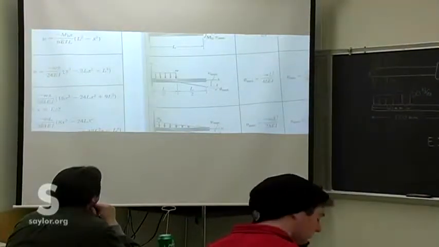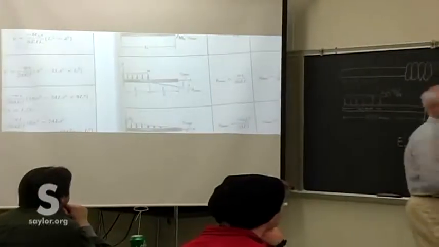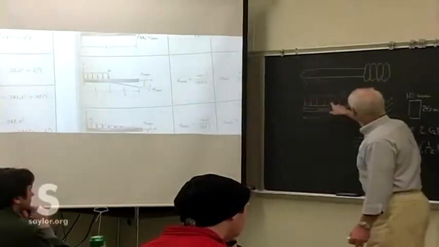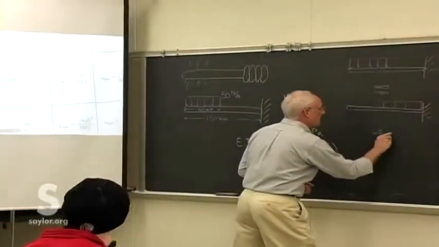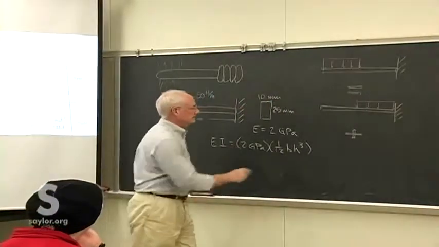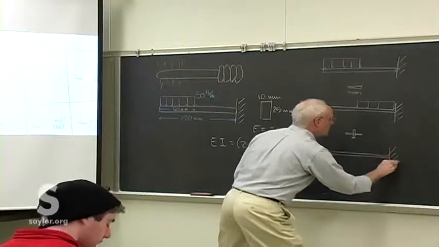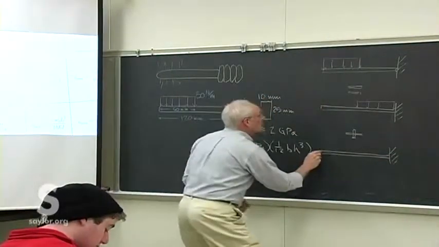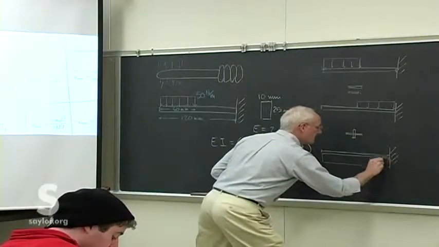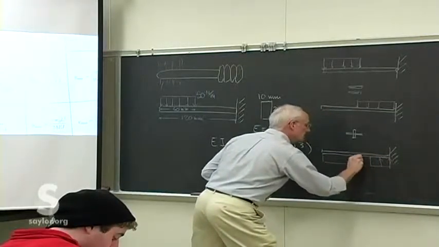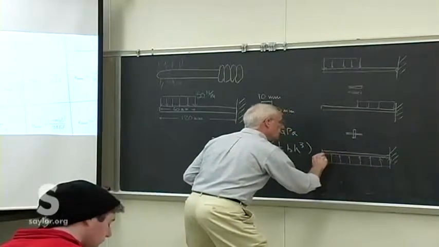That is in the table, and the uniformly distributed load goes to the halfway point, which is sort of like what we've got, and then we'll add to it the uniform distribution that's also in the tables of the same magnitude, but going in the opposite direction.